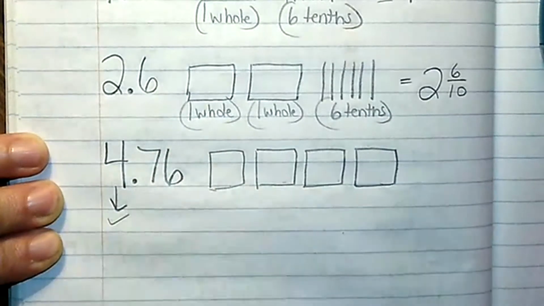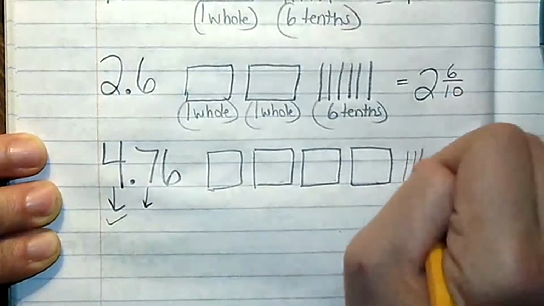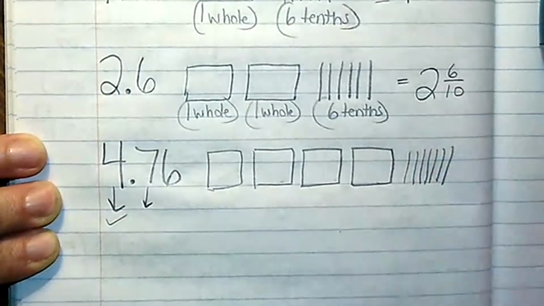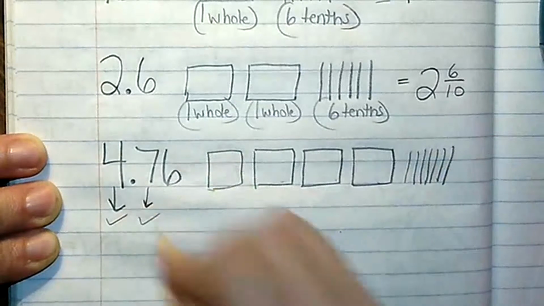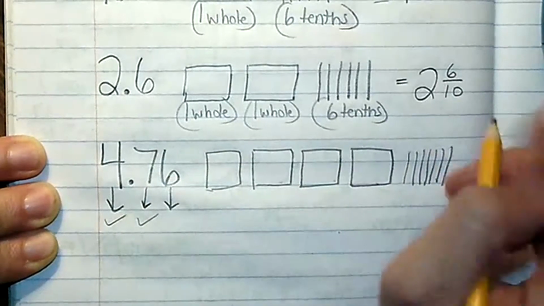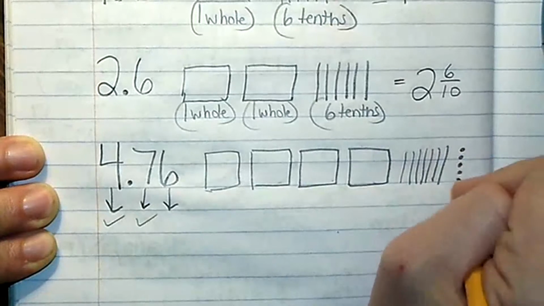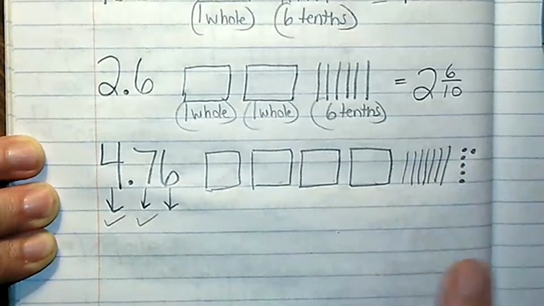All right, that part's done. Now I need 7/10. 1, 2, 3, 4, 5, 6, 7. That one's done. Now I need 6/100. Remember, our hundredths are those tiny little ones. I'm just going to use a dot. 1, 2, 3, 4, 5, 6.